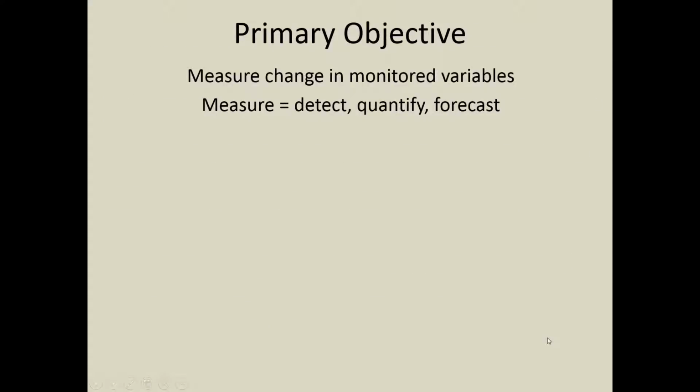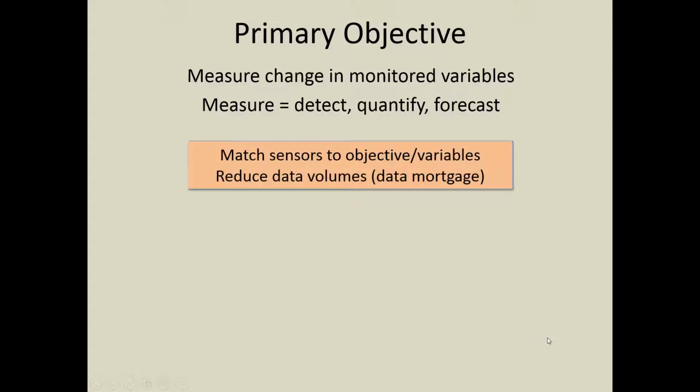We want to measure change in monitored variables. And I'm going to define measure explicitly as the ability to detect, quantify, and forecast change. We're going to have 3 components to this. First, we want to match our sensors to our objectives or to our variables.